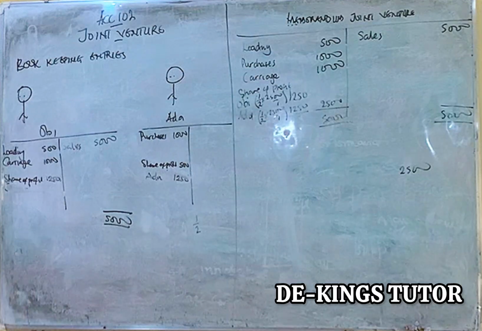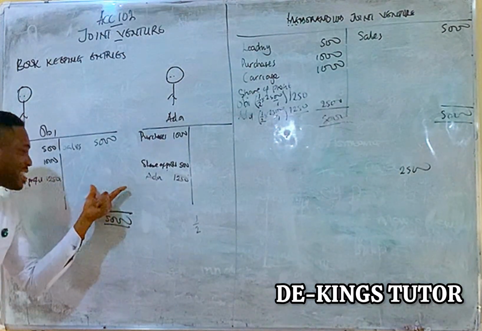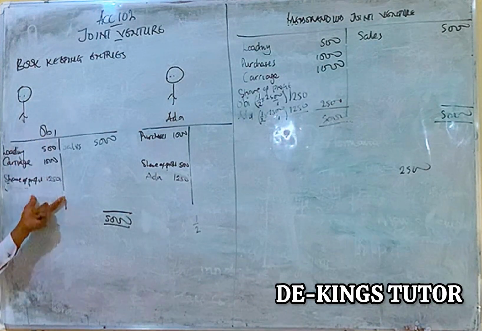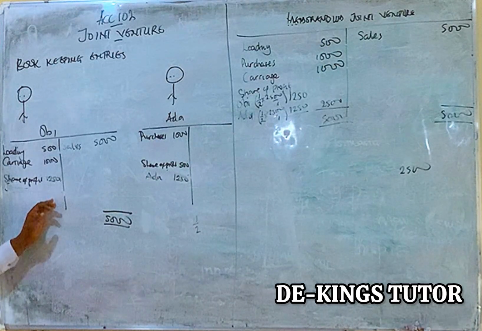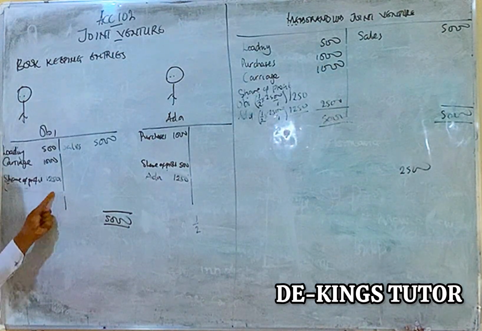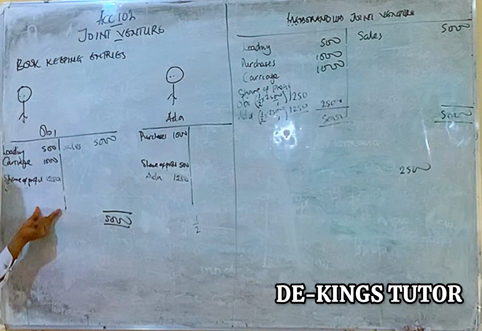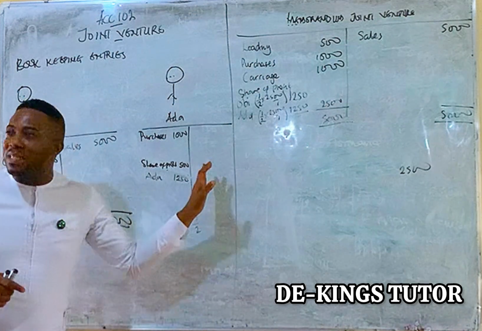Which is greater? 5,000, right? So the credit side is greater than the debit side, meaning Obi has received more than he is supposed to receive. He has a credit balance. So the balance that will make this side become 5,000 will be sent to Ada to complete his money.